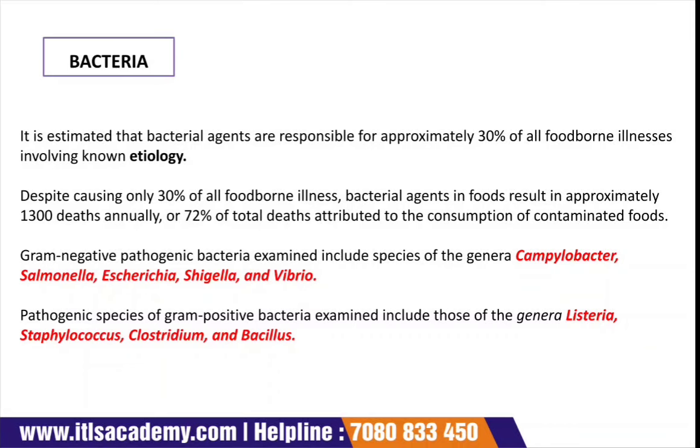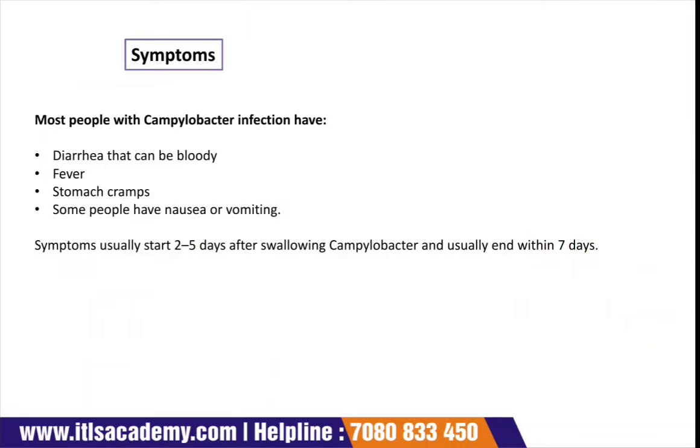Whereas the pathogenic species of gram positive bacteria include Listeria, Staphylococcus, Clostridium, and Bacillus, which also contribute to foodborne illness. Now, what are the symptoms caused by bacterial infection? Most people with Campylobacter infections have diarrhea that can be bloody, fever, and stomach cramps, or some people have nausea or vomiting.